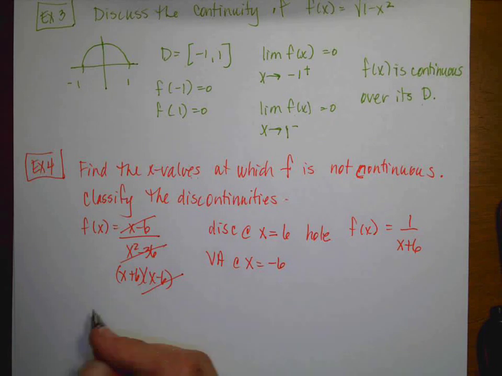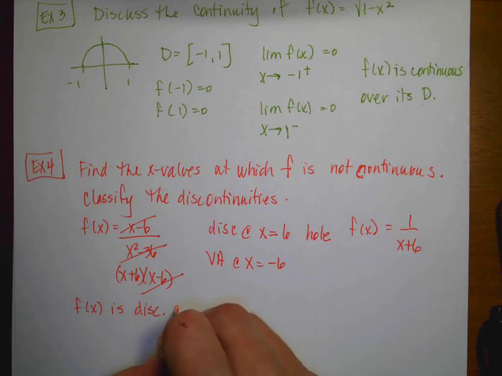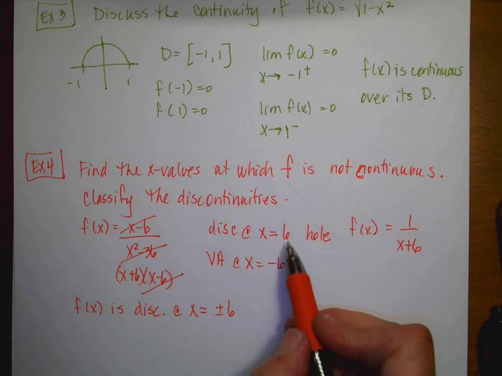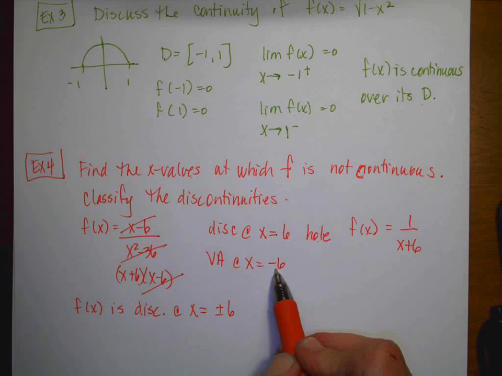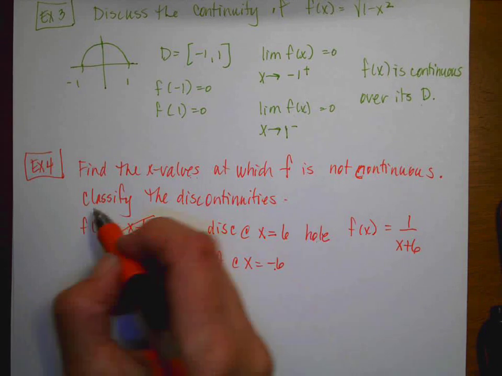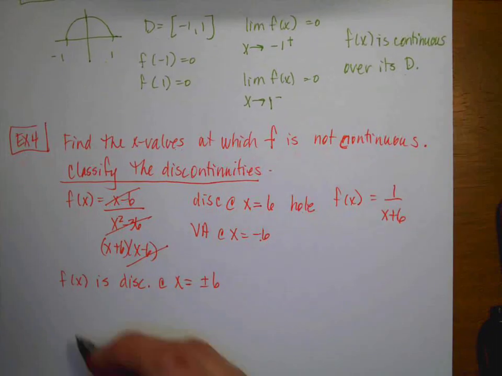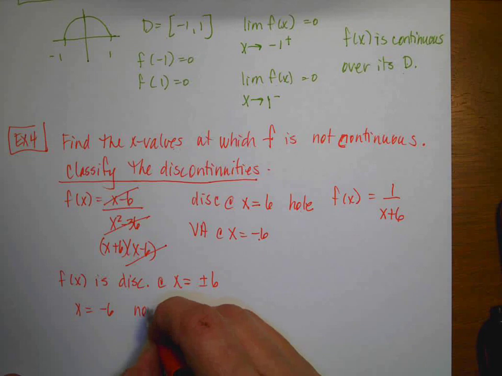Okay, so it says discuss where the function is not continuous. So I'm going to say f of x is discontinuous at x is equal to plus or minus 6. Notice this is the positive 6, that was the hole, and here's the negative 6. Then the second question, and this is what students often miss, is classify the discontinuities.